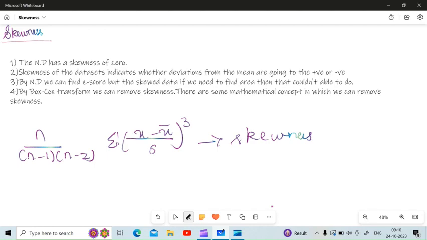But nowadays, we won't calculate it manually for each and every feature if we have data. Whether a feature contains skewness or not, whether it's a positive skew or negative, we are not finding it by the formula.